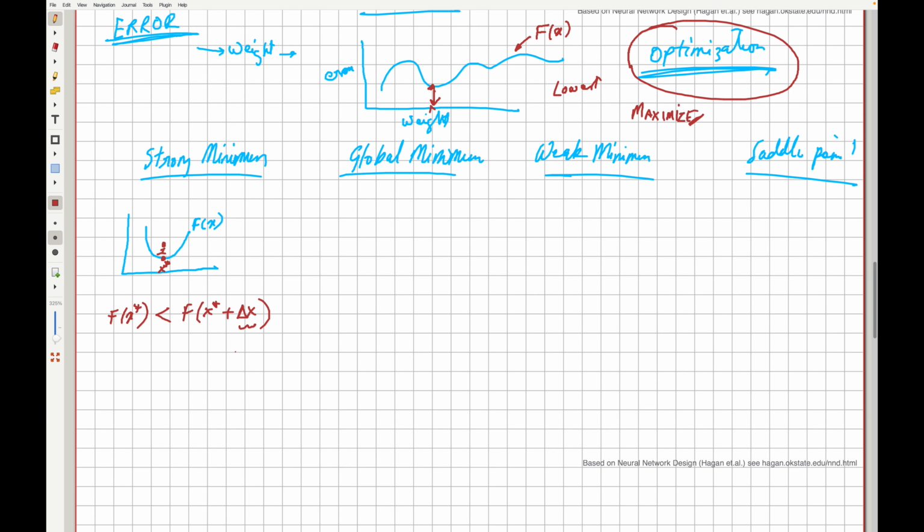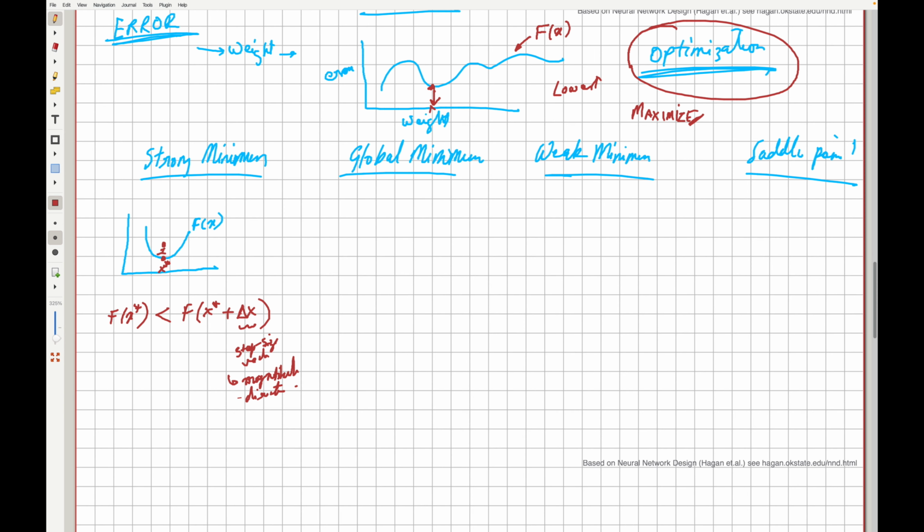That's the step size. So this is the step size vector. It tells us two things. It tells us the magnitude, so how big of a step we are taking, and it also tells us the direction, so what direction we are going.